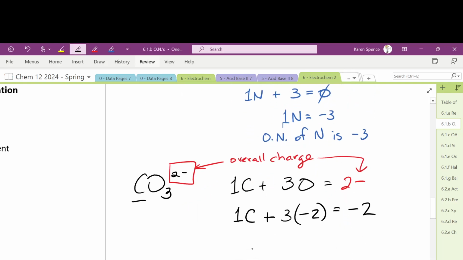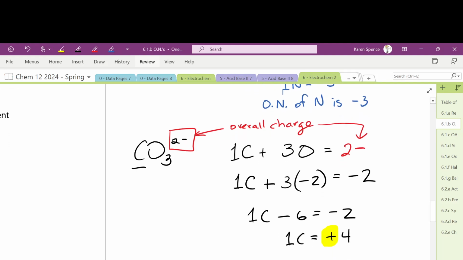And then, so we now have 1 carbon -6 is equal to -2. So 1 carbon is equal to +4. Do you need to write that positive? Yes.